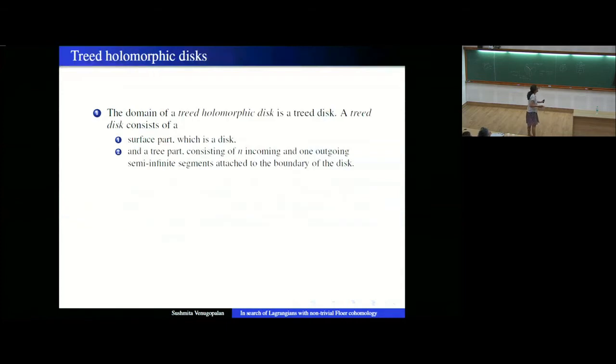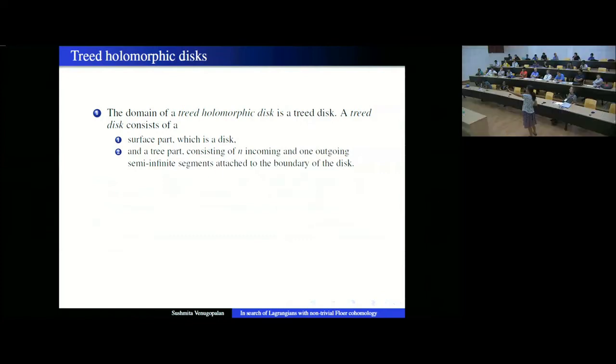Okay, so now back to Floer theory. So now, I'm using cocycles which are coming from Morse theory, and also because this way of defining Floer theory is really nice. So here, instead of just taking your domains as disks, you put more stuff into the domain.